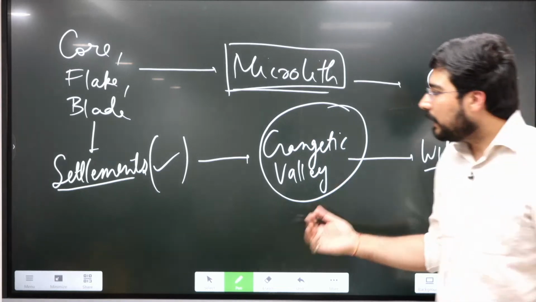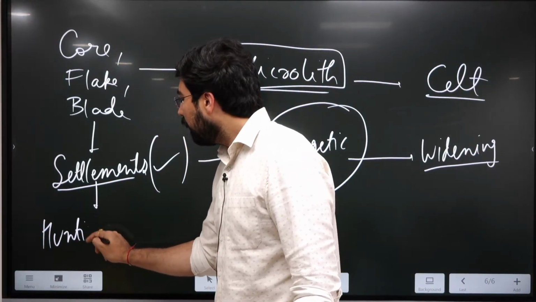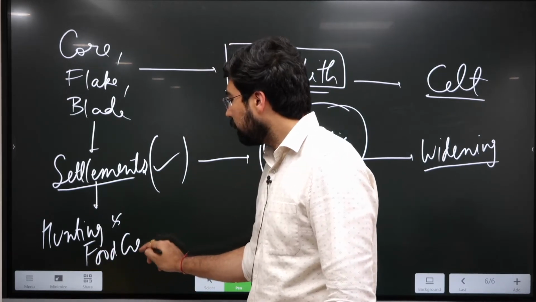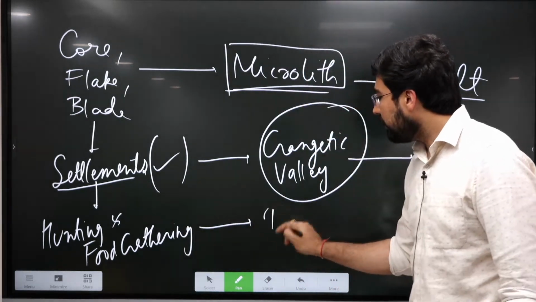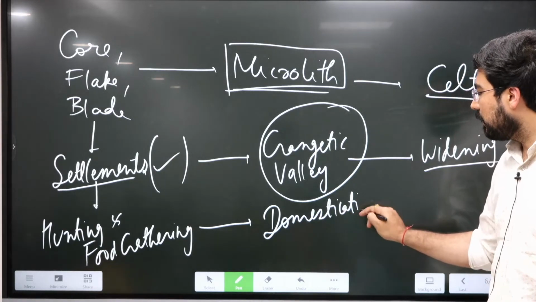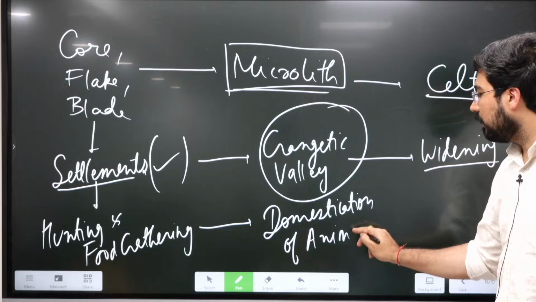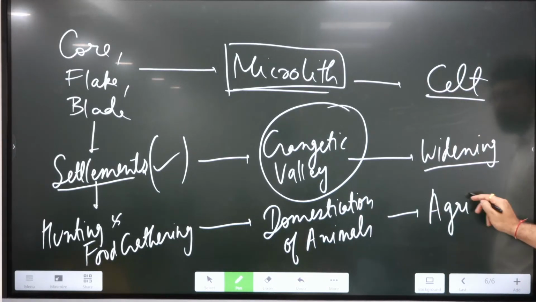Okay. Third, here we were dependent upon hunting and food gathering. Then we shifted toward domestication of animals. And here we'll see the beginning of agriculture or domestication of plants.